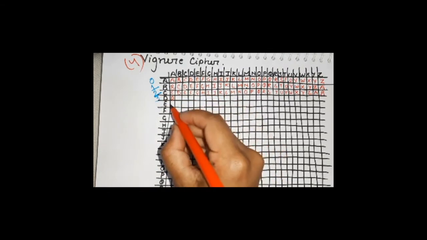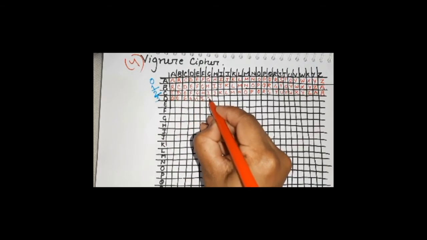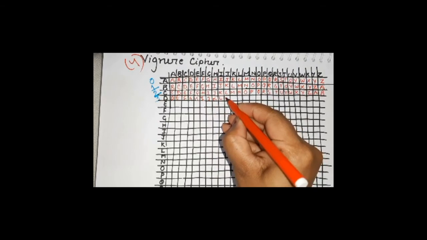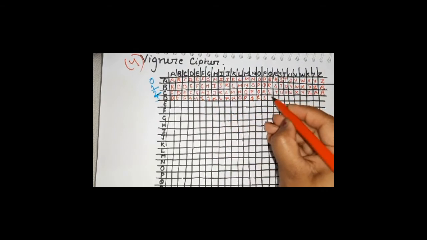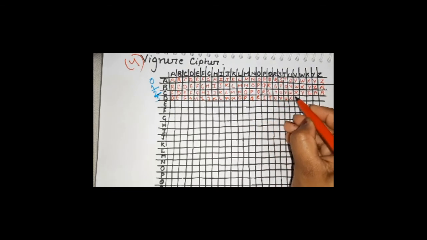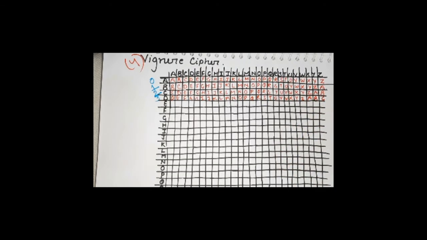We'll be starting from D, E, F, G, H, I, J, K, L, M, N, O, P, Q, R, S, T, U, V, W, X, Y, Z, A, B, and C. This is what you mean by shift 3.